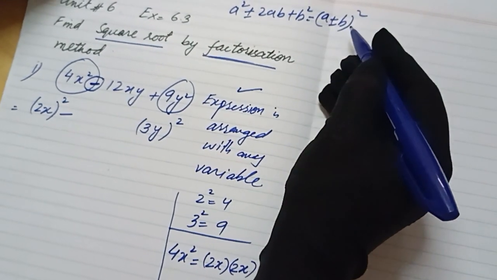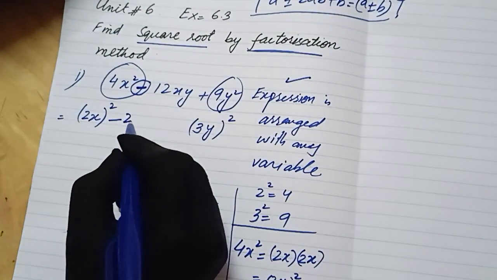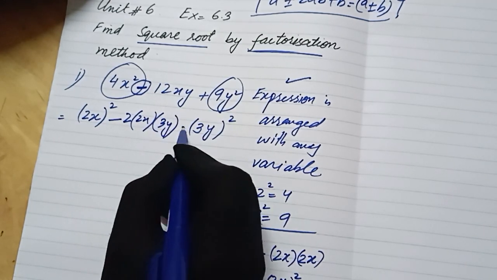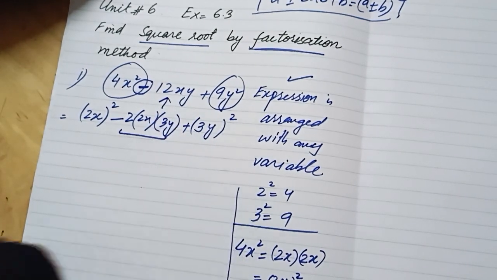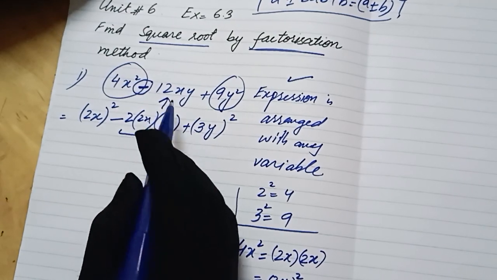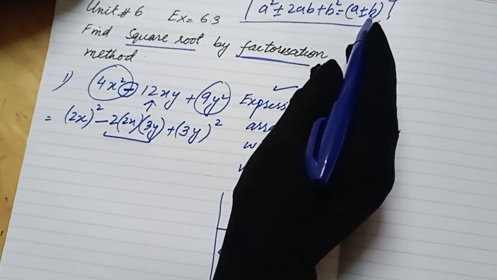So we are going to revise this formula and do factorization regarding this. So minus 2 times the first term 2x, second term 3y. Write down over here. After that, check whether it is satisfying the same middle term or not. 2 times 2 times 3 is 12, x into y, xy. Yes, it is satisfying. So our formation is completed.